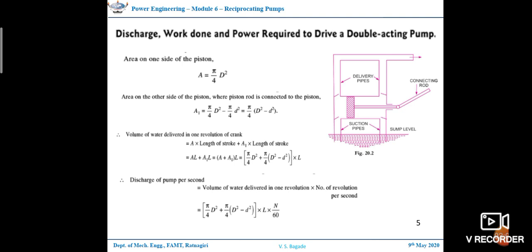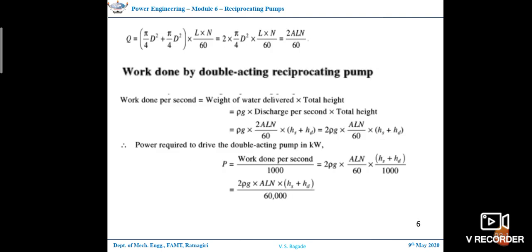If you put the value, this is pi by 4 capital D square plus pi by 4 into capital D square minus small d square, multiplied by L into N upon 60. If you solve this equation, the discharge is 2ALN divided by 60.